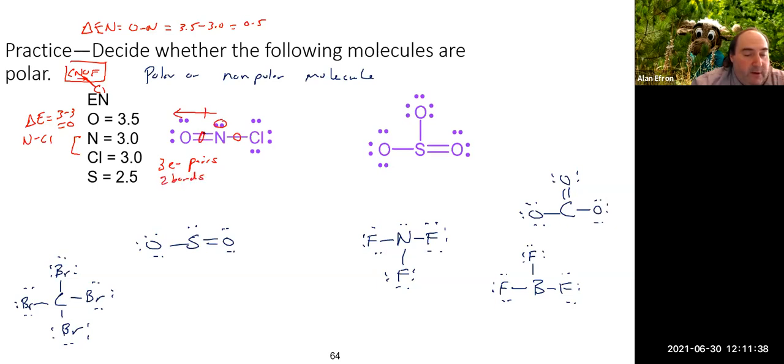A double bond counts as 1 bond, so 2 bonds. 3 electron pairs and 2 bonds means the molecular geometry is angular or bent, which basically means if we draw this semi-correctly, we have this guy on the left-hand side pulling down, nobody else pulling the other way. You can kind of imagine if you just pulled down on one side, the whole thing would move, and it would be a polar molecule in this case.